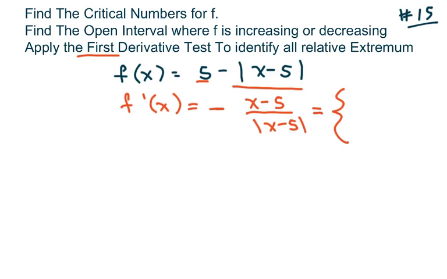You should know that this also means the derivative is 1 when x is less than 5, and negative 1 when x is greater than 5.